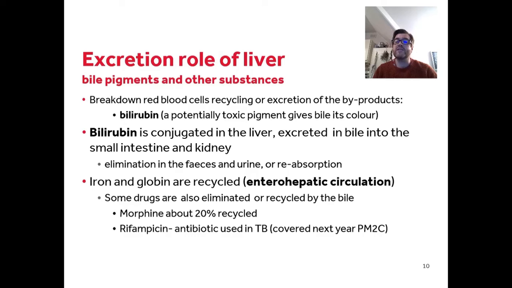Now, bilirubin is a potentially toxic pigment that gives bile its colour, and in fact is also ultimately responsible for giving your urine and your feces their colour as well.